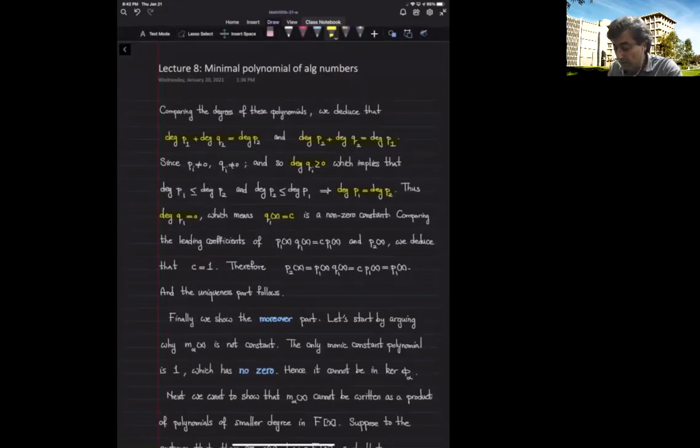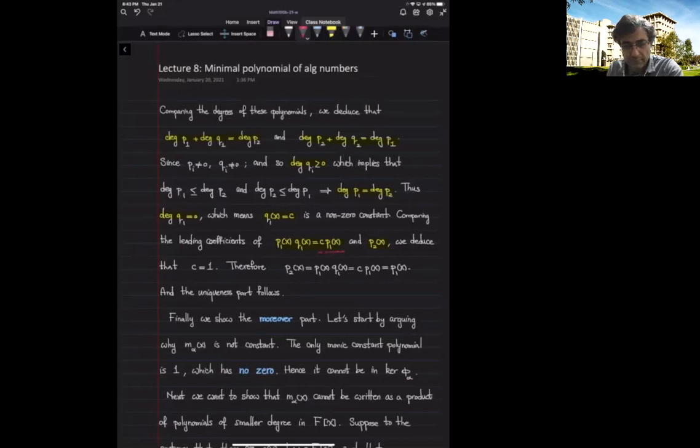Let's call that non-zero constant C. That means I can write down this product as C P1, but that is supposed to be P2.